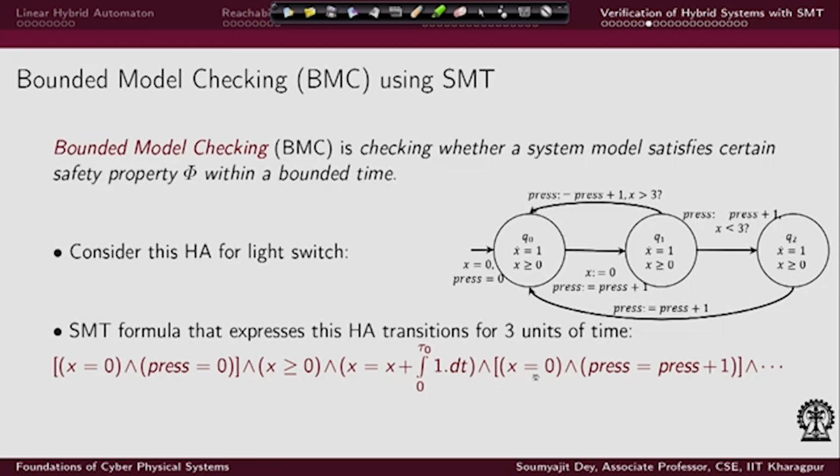Because if x is 0, then how can x be non-zero? That will actually force tau 0 to be always 0, which is very bad. The problem is, x was initially definitely 0, then x must get positive, and then x is reset. So we have to capture this.